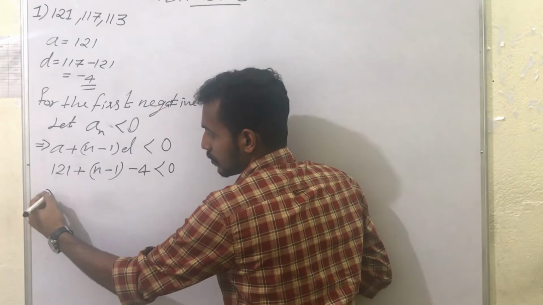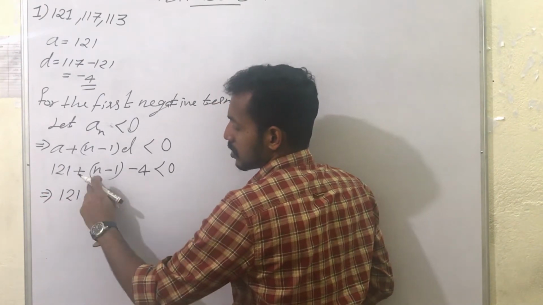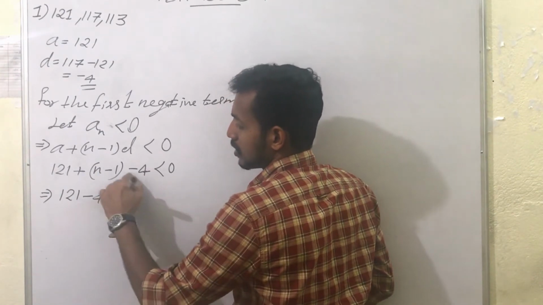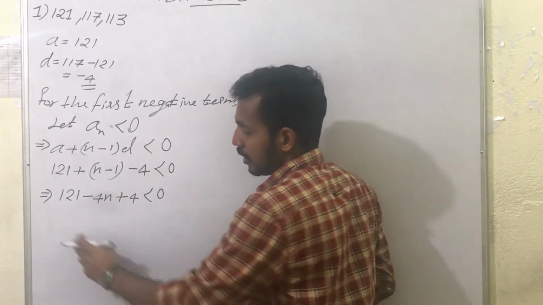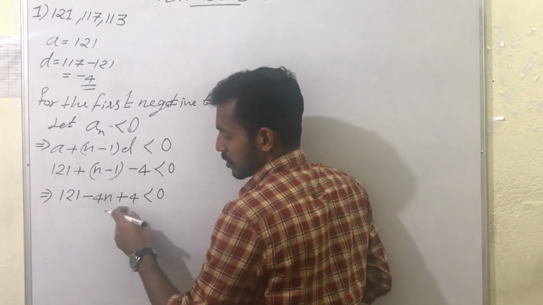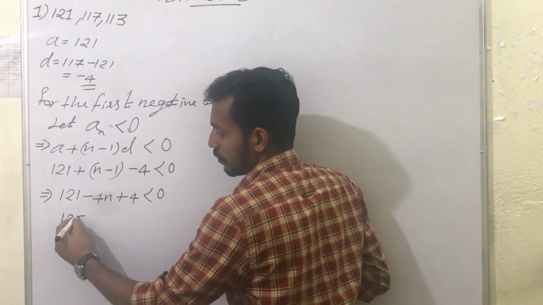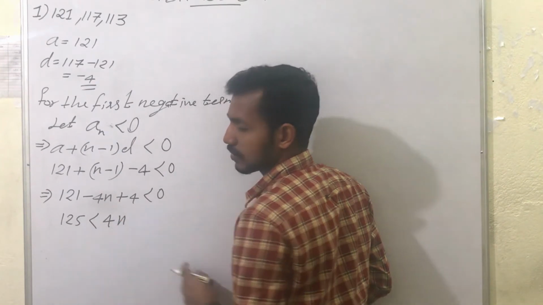That implies 121, then minus 4 into n will be minus 4n, minus 4 into minus 1 will be plus 4, less than 0. 121 plus 4 is equal to 125, minus 4n less than 0. Take minus 4n to the right side, it will be plus 4n.